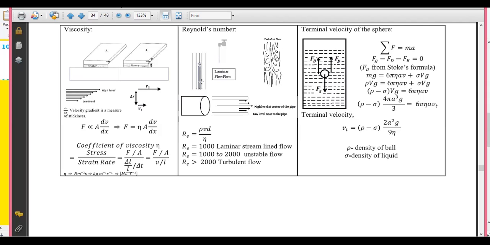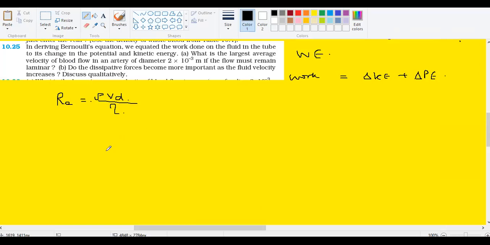The quantitative way of understanding laminar and turbulent flow is: if the Reynolds number is less than 1000, it is laminar flow; if it's more than 2000, it's turbulent flow. So this is more like an empirical formula. Many of the formulas in fluid mechanics are empirical in nature. So this is what I meant by rho V D by eta.